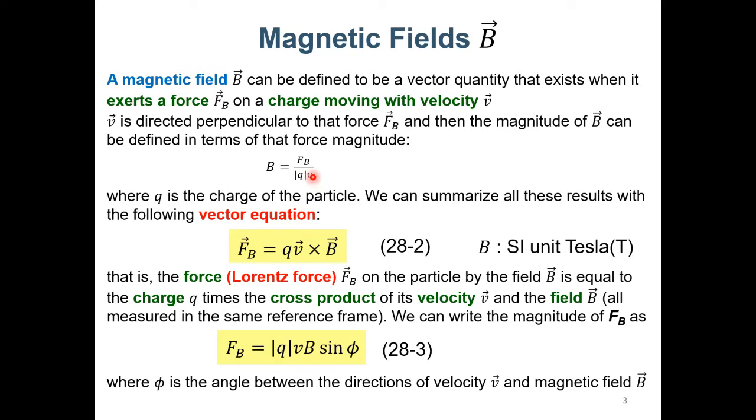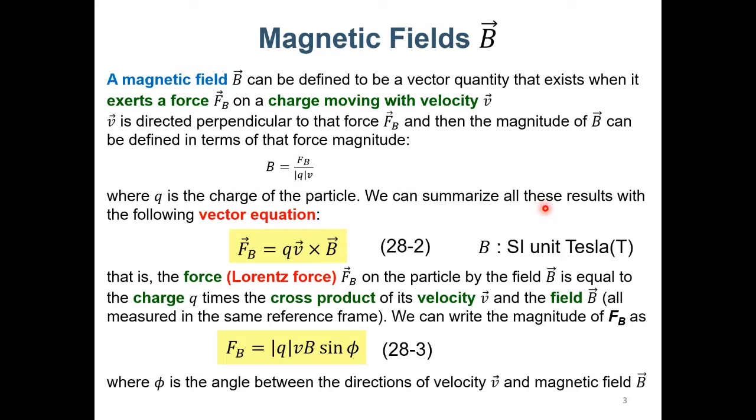If the velocity of the charged particle changes, the magnitude of the force will also change, since it is proportional to it. So we define it this way to cancel this effect. So B is Fb over Qv, and Q is the charge of the particle.